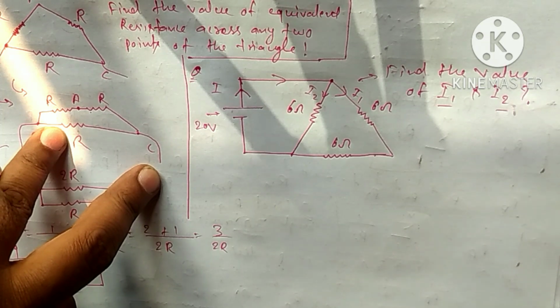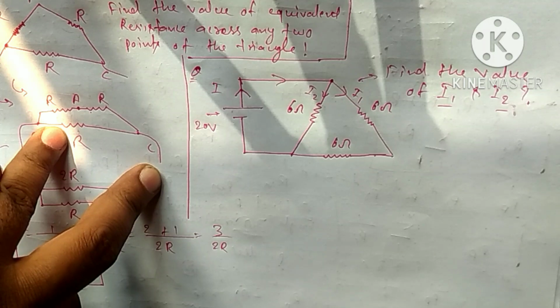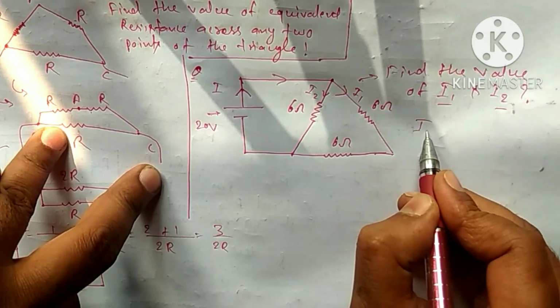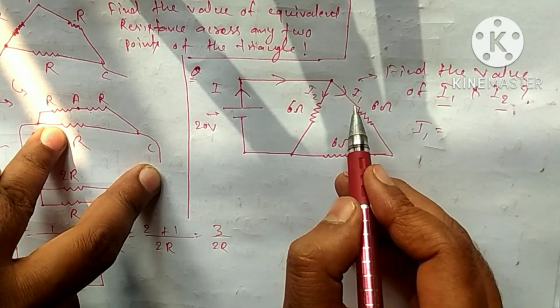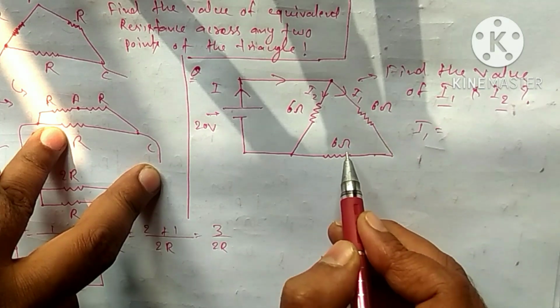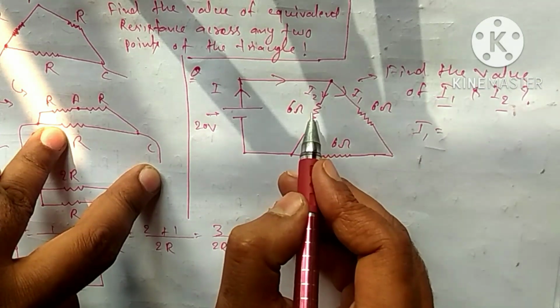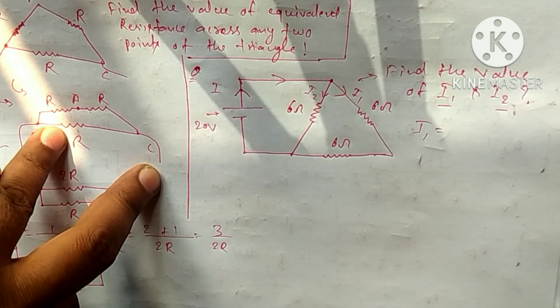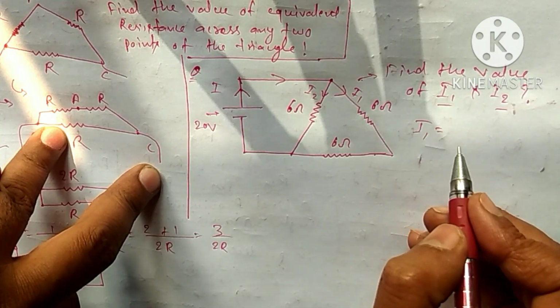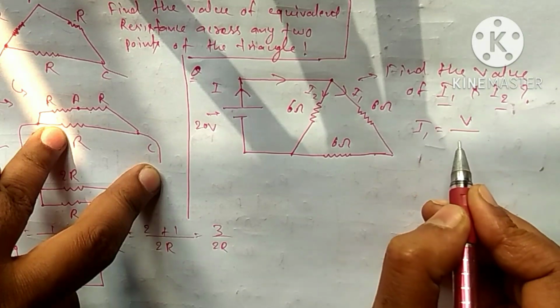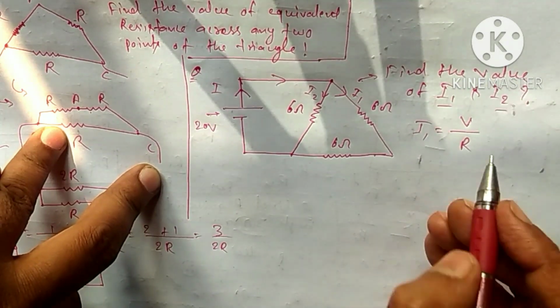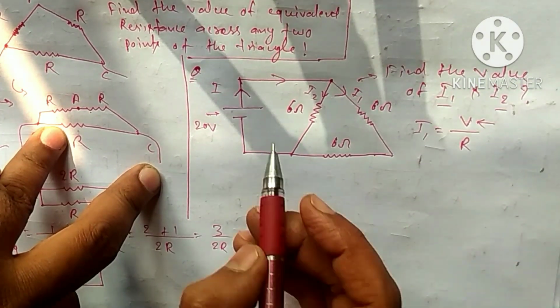So how can we find them? I1 is the same for the 6 ohm and 6 ohm resistances, but I2 is different. So first, for I1 we need a voltage and resistance. Look at the figure.